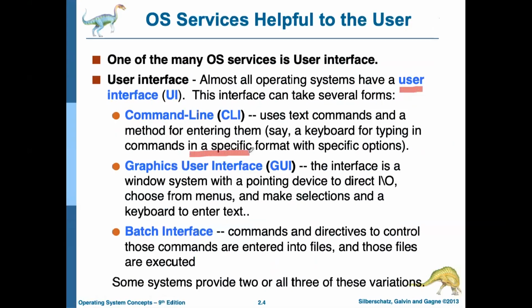Next, regarding graphics. Another form is a graphical user interface, GUI. The interface is a windows system with a pointing device to direct I/O, choose from menus, and make selections, and a keyboard to enter text.